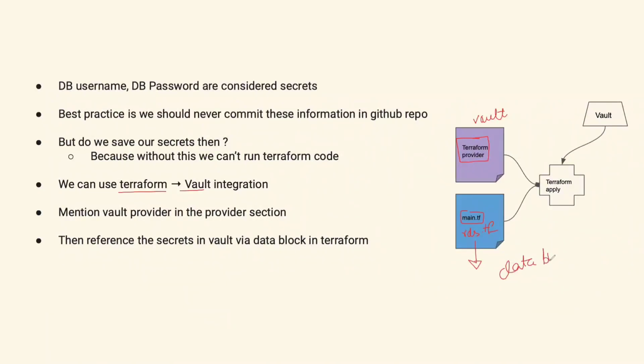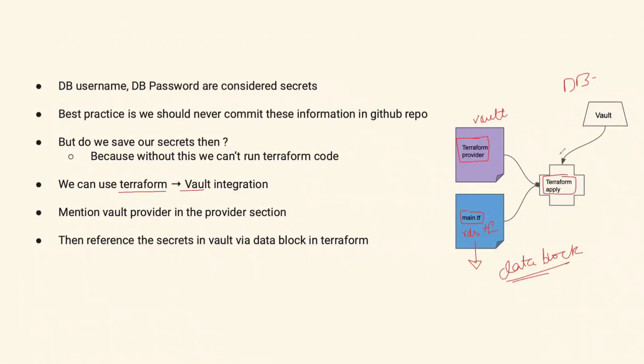All my friends watching this video who have understood Terraform will know what a data block is. And hence you can reference the secrets as part of the data block and pass them as the DB username and password. What actually happens is when you are running terraform apply, the machine or the place where you are running it will have access to Vault, and it will be able to fetch the DB username and DB details from Vault and apply them during runtime.